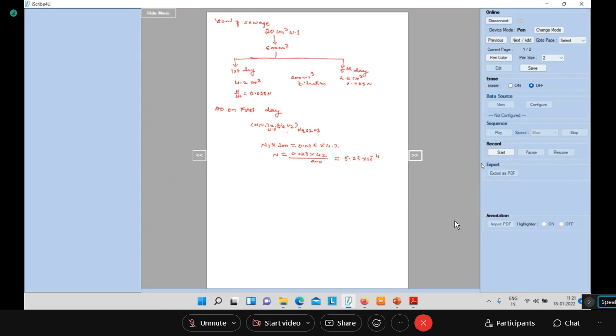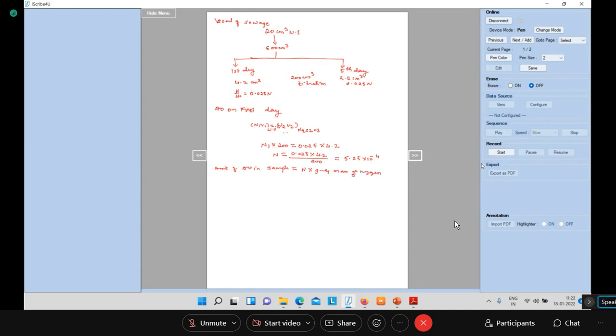So how are you going to calculate the amount of DO? If you multiply normality by its gram equivalent mass, you get the amount of substance. So the amount of dissolved oxygen in the sample is equal to normality into gram equivalent mass of oxygen.